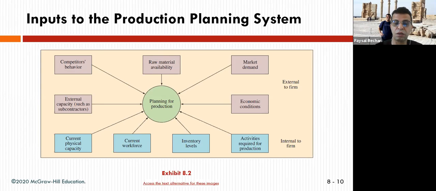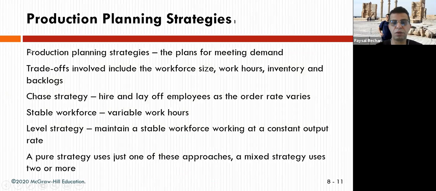The internal issues are the activities required for production, whether you have things in the warehouse, whether the current available workforce can process this product, and the current physical capacity, how much you can produce in these activities.